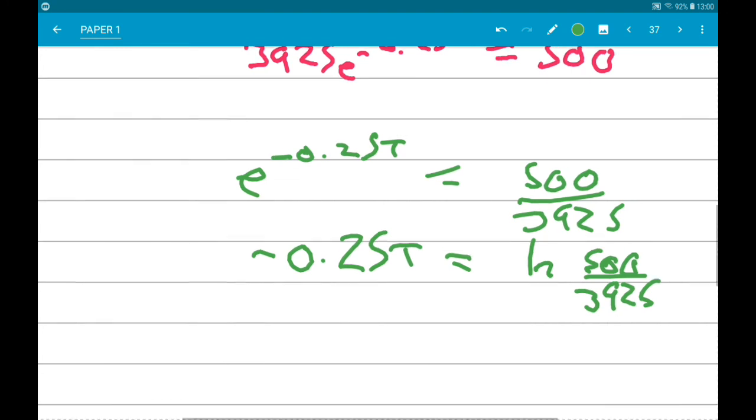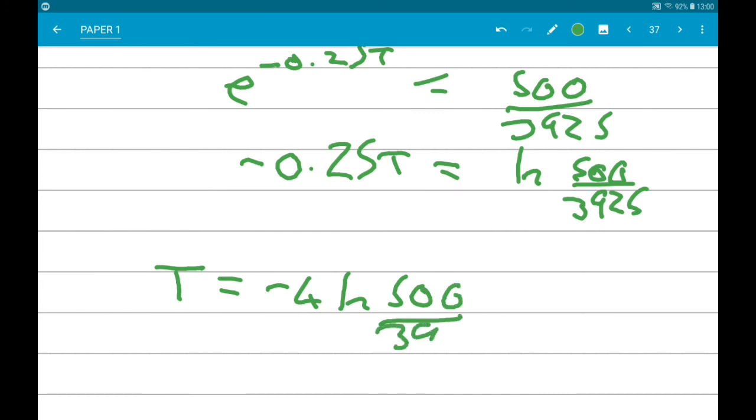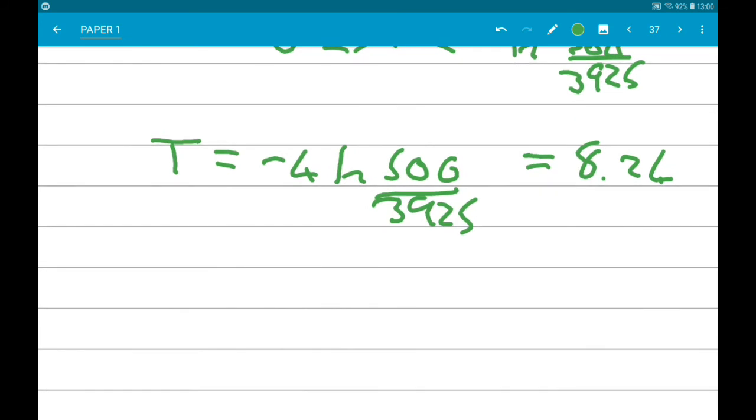Multiply through by minus 4, and we get t is minus 4 times the log. Now that gives us 8.24. Now they want it in years and months to the nearest month. So this is 8¼ years, just about. So it's 8 years, 3 months.